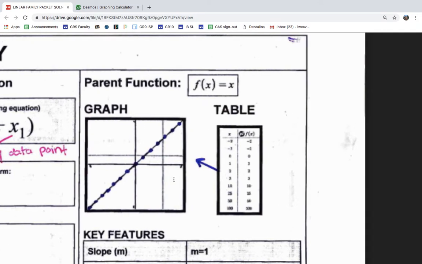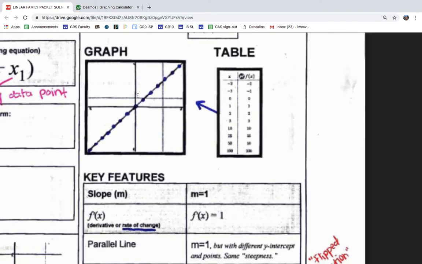So our parent function, a parent function is the very, very basic form of the family. So in this case, the easiest linear function that you could have is y equals x. Remember from your doodle to art, f of x isn't f multiplied by x, it's f of x equals x. That would just be y equals x.